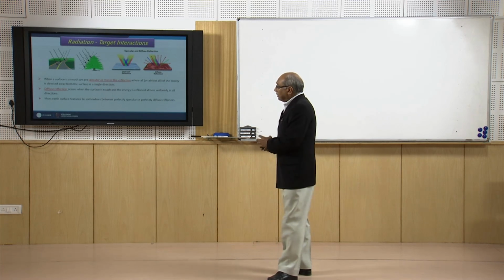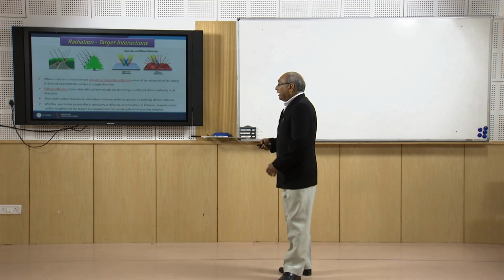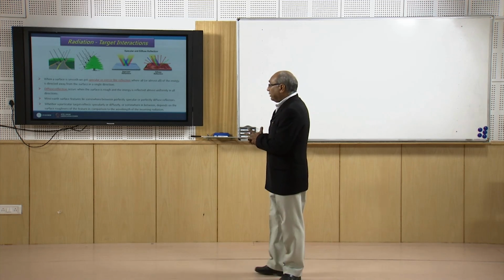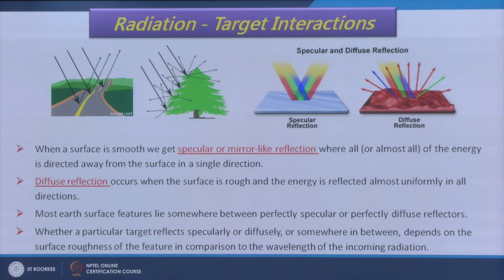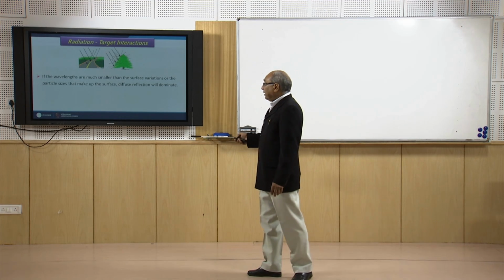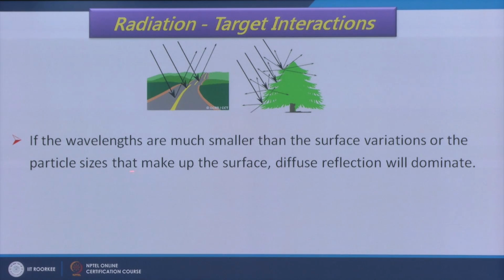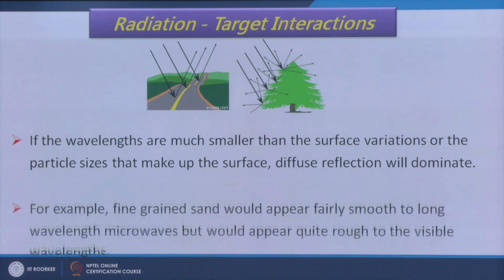So, most features fall in between these two categories, and whether a particular target reflects specularly, diffusely or somewhere in between depends on the surface roughness of the feature in comparison to the wavelength of the incoming radiation. The example here is that if the wavelength is much smaller than the surface variation or the particle size that makes up the surface, diffuse reflection will dominate.